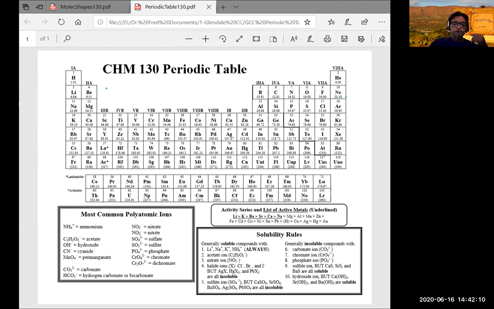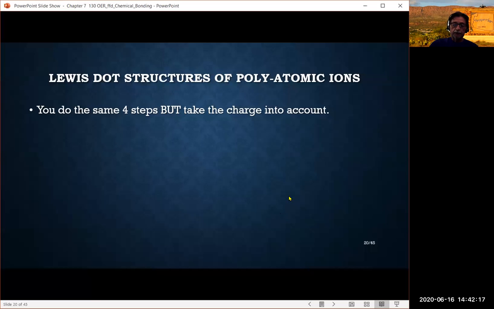So we can also figure out the Lewis dot structure for these polyatomic ions. The steps are essentially the same with one difference. Because they have charges, we're either going to add an electron or take an electron off based on the charge they have.